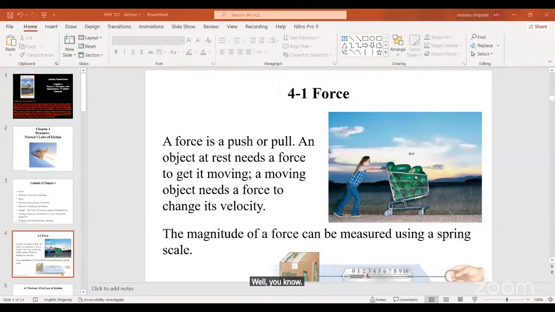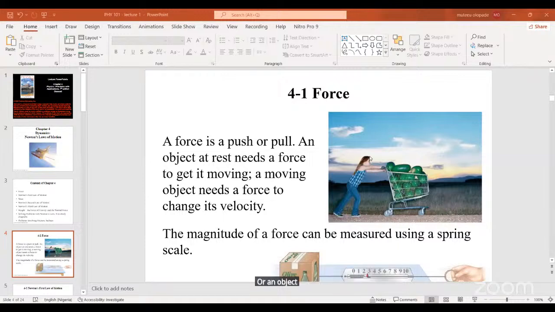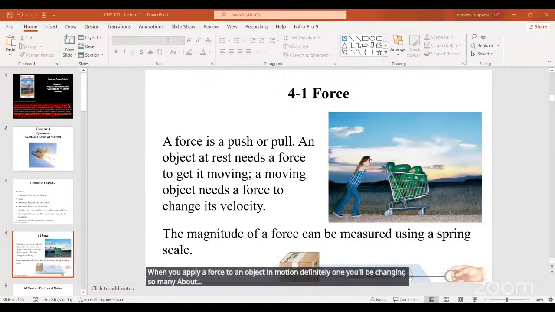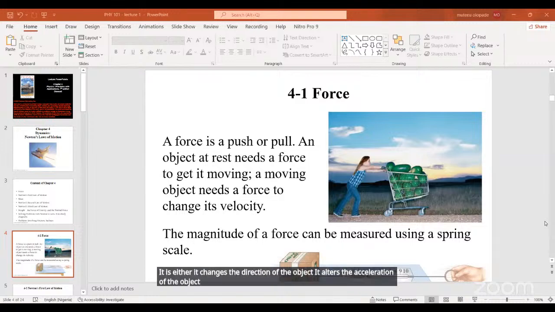So when you push or you pull, you are exerting a force. A force could be exerted on an object that is at rest, or an object that is in motion. When you apply a force to an object in motion, you'll be changing many things about the motion of that object. It either changes the direction of the object, alters the acceleration of the object, or stops that object.